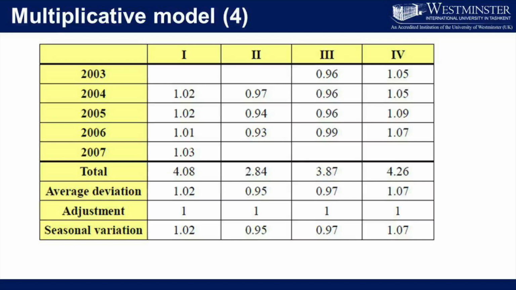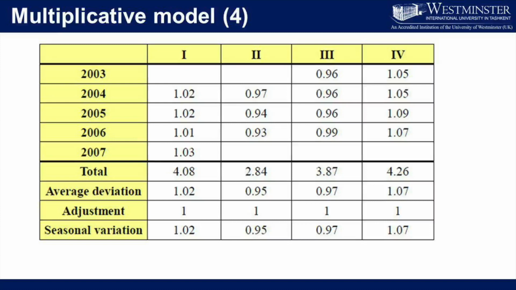And to find the seasonal variation, instead of subtracting, you divide the average deviation by the adjustment. Not subtract, but divide. So 102 divided by 1 is 102. Okay, so it's the same number. So now you have the seasonal variations.